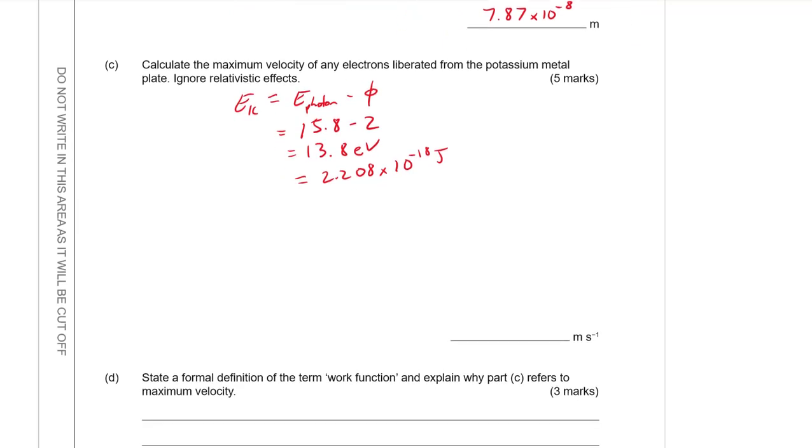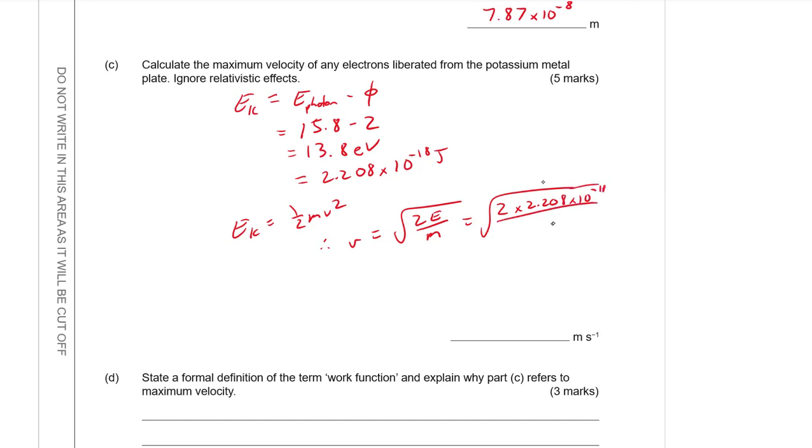So now that I've got the kinetic energy, I know that that's equal to half mv squared. So the velocity is going to be equal to the square root of 2E on m, which I'm sure you've seen before. And we end up with the square root of 2 times 2.208 times 10 to the negative 18 over 9.11 times 10 to the negative 31.